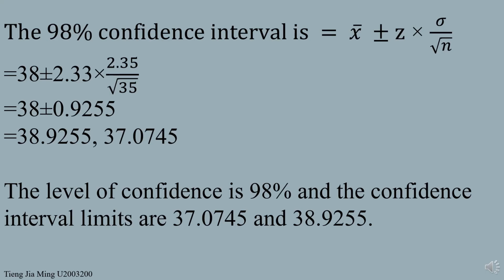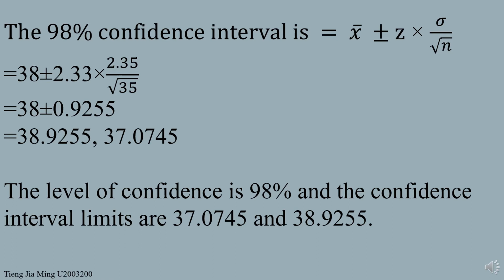So, after we get the z value of 2.33, the 98% confidence interval is 38 plus minus 2.33 times 2.35 divided by the square root of 35.